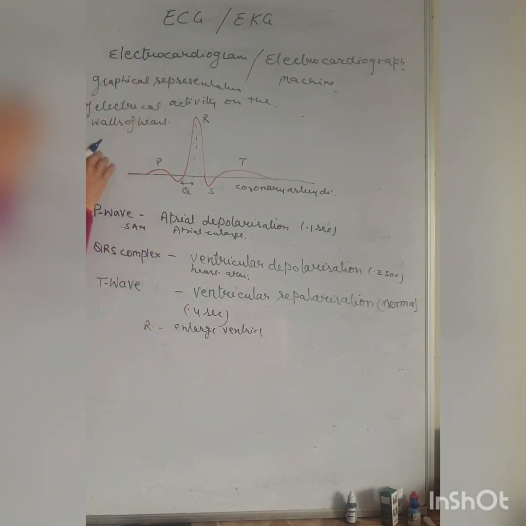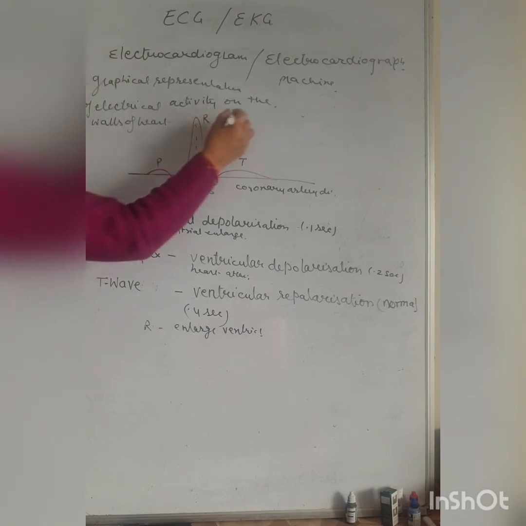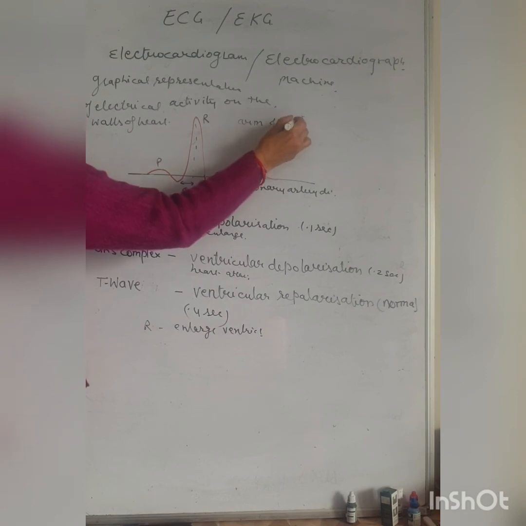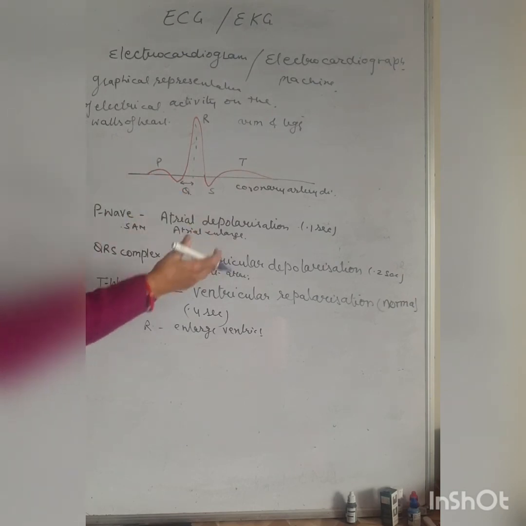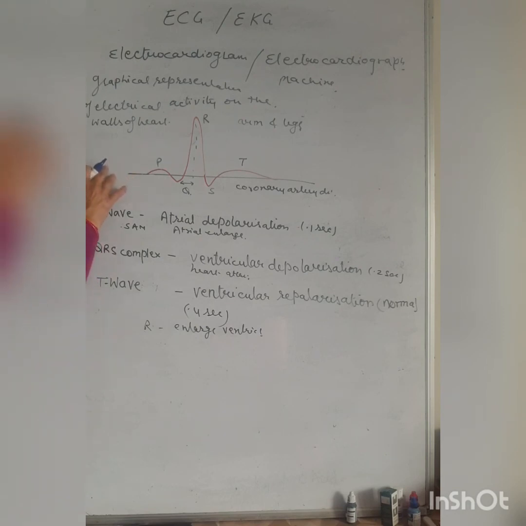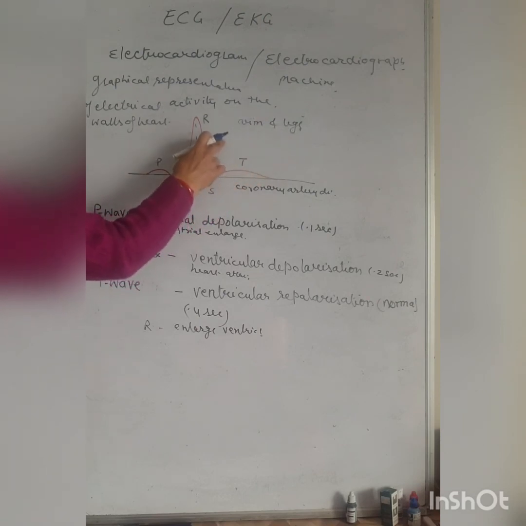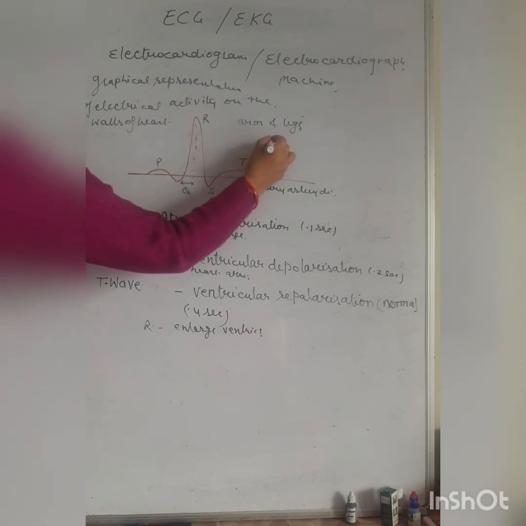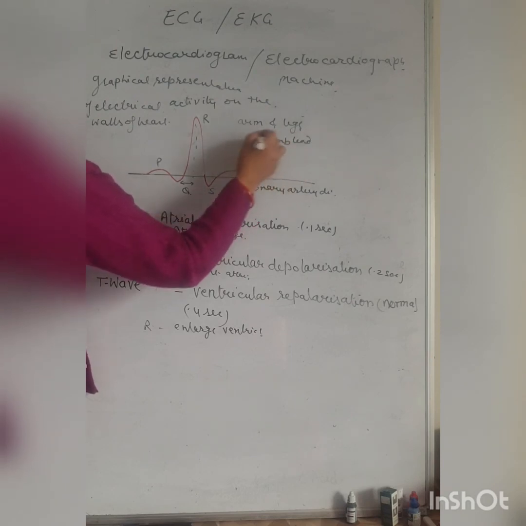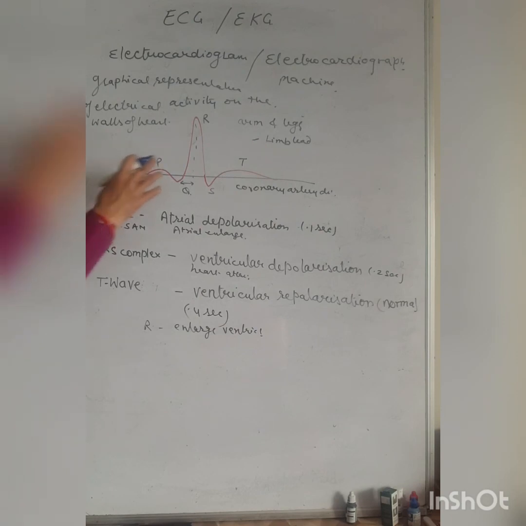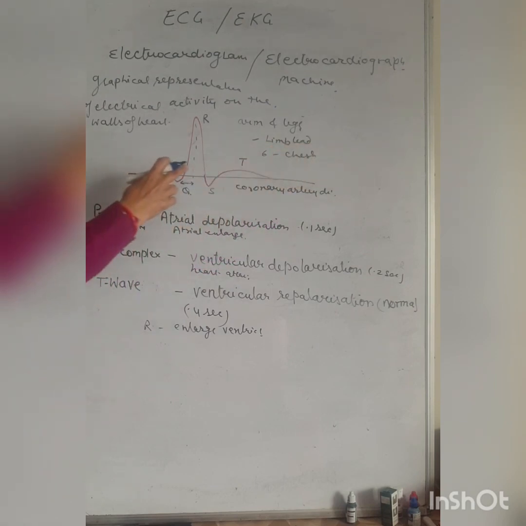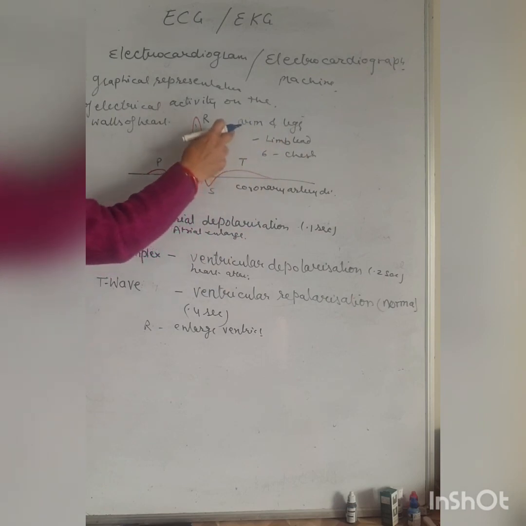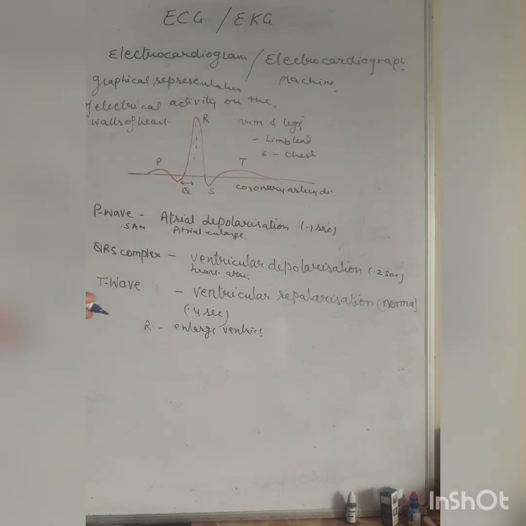These electrodes are positioned on the arms and legs to observe the electrical signals. The leads that are placed on the arms and legs are called limb leads. And six positions are on the chest, so they are called chest leads. So there are 2 on the arms and legs and 6 on the chest.